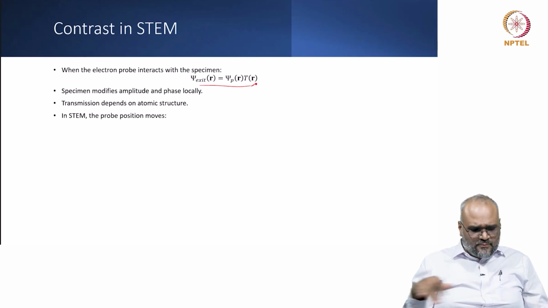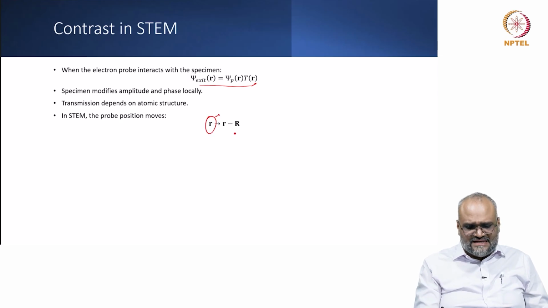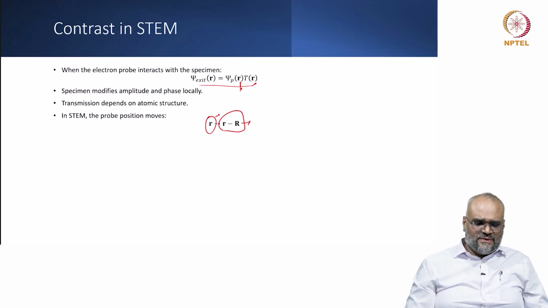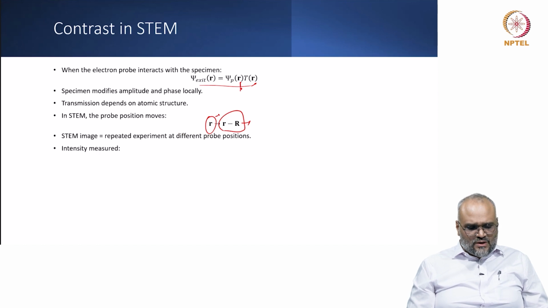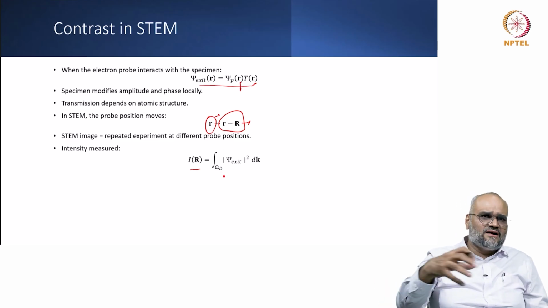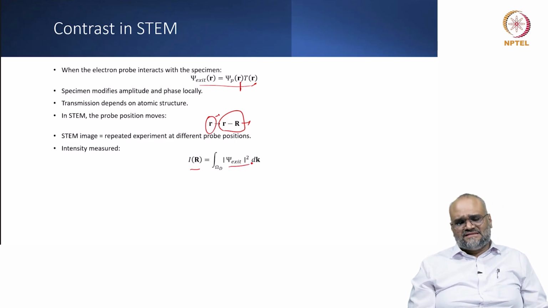In a STEM, when the probe position moves, so if this position vector is changing, this is how my position vector changes. And when I look at the measured intensity, the intensity as a function of the position change can be integrated over a solid angle which is recorded onto the detector as a square of this exit wave.